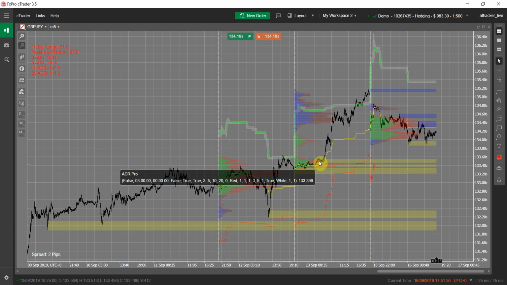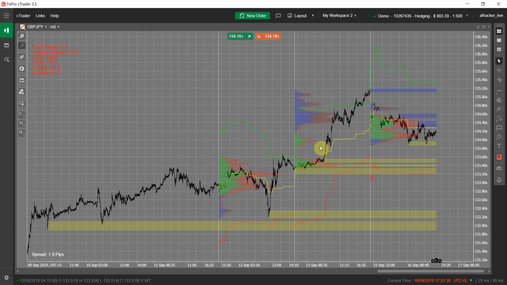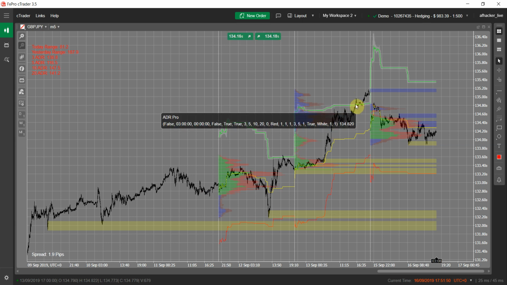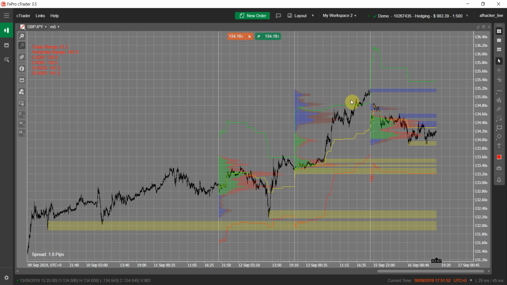No sell, no buy. Here we don't have any sell, nor any buy. We are going outside the value area and the ADR, but there is no supply zone, so we can't sell from here.